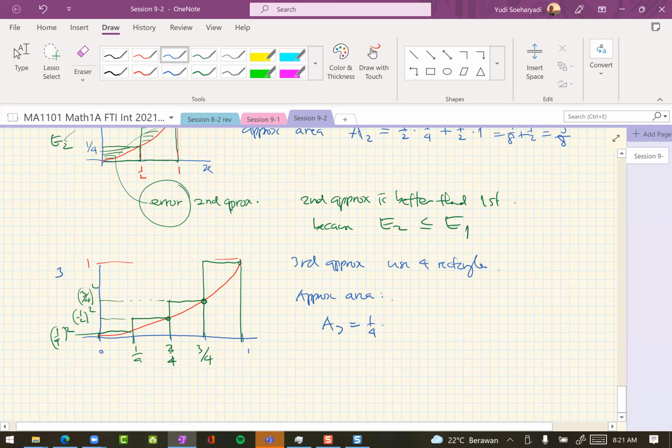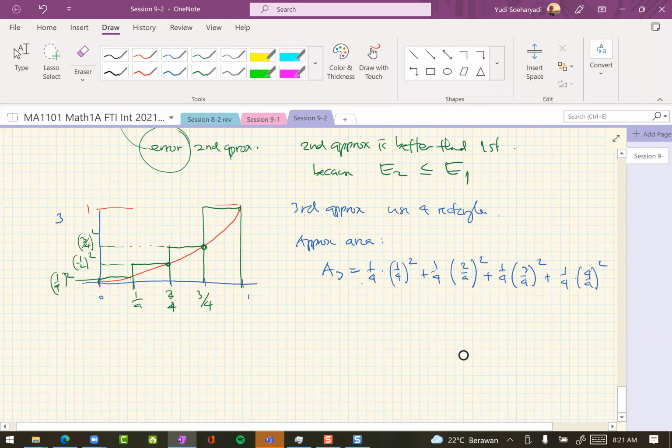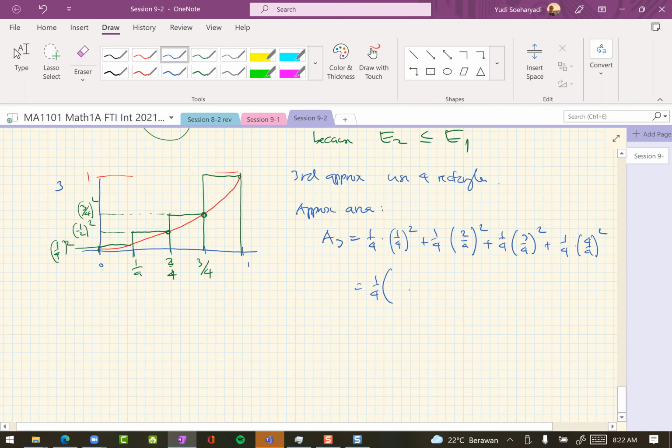And the base length is the same 1/4 for the next one, but the height now is 2/4 squared, 1/4, 1/4. But you can compute this one. So this is 1/4 squared.